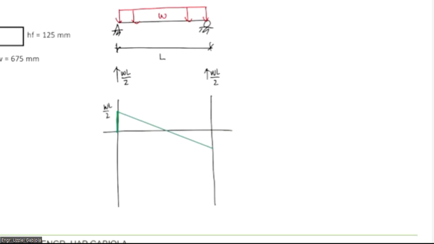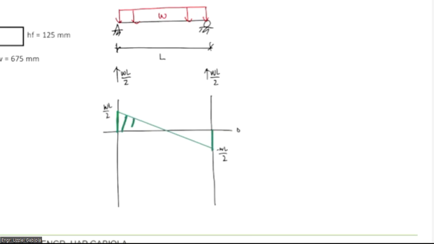Okay. Then based from here, that is negative WL over 2 because it's just below WL, and then the concentrated force from the reaction will tend to return it back to the 0 side.